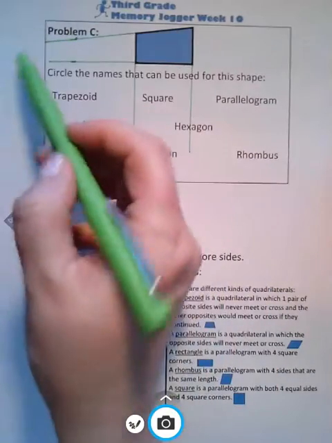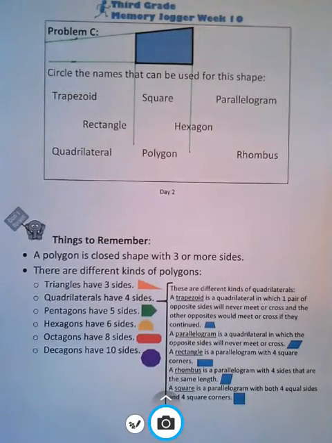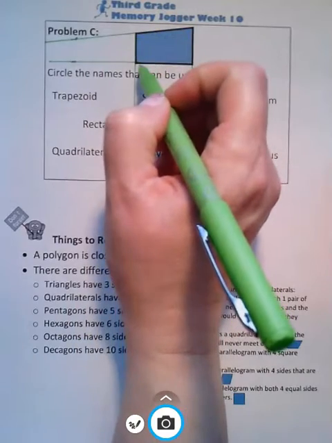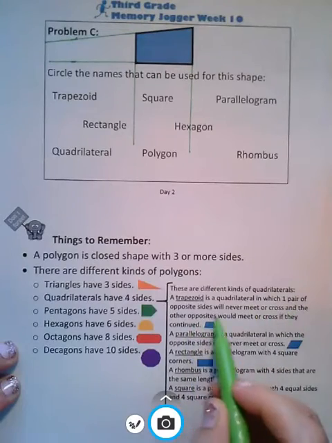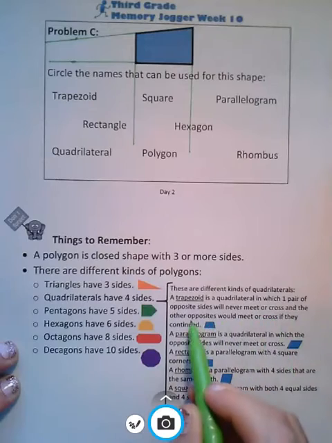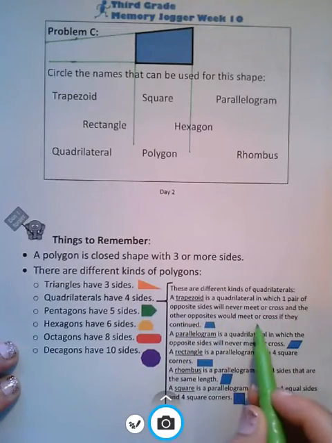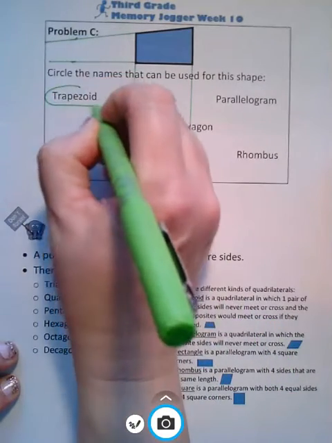Eventually, it may be way out here somewhere, but if I kept extending these lines, we could see that they're getting closer together, and these 2 sides would meet or cross if it continued. So this is a quadrilateral with one pair of opposite sides that will never meet or cross, and the other opposites would meet or cross. So we could call this a trapezoid.